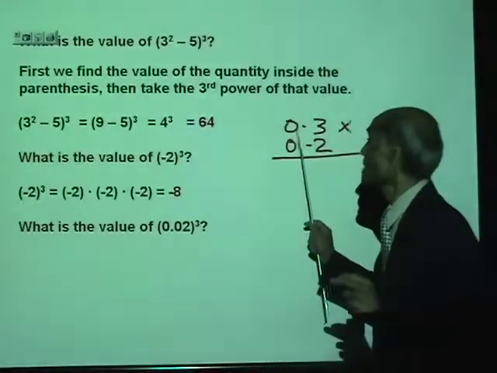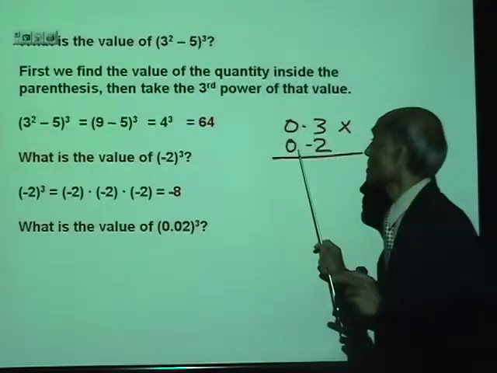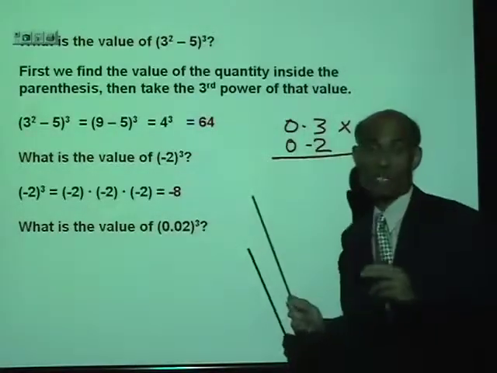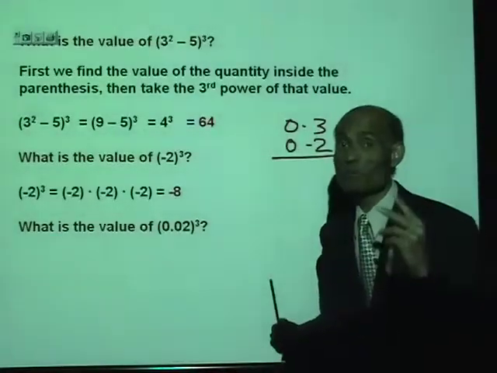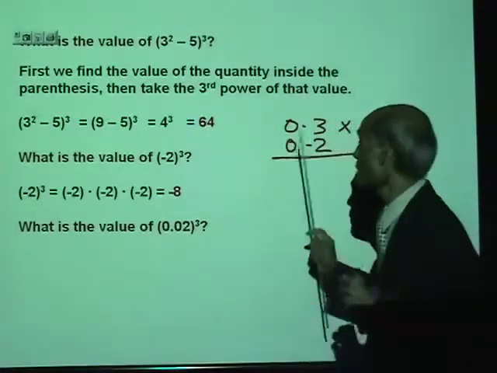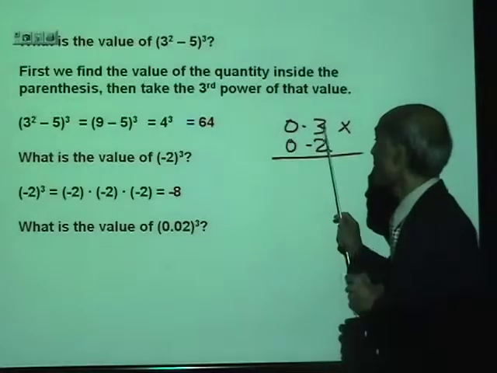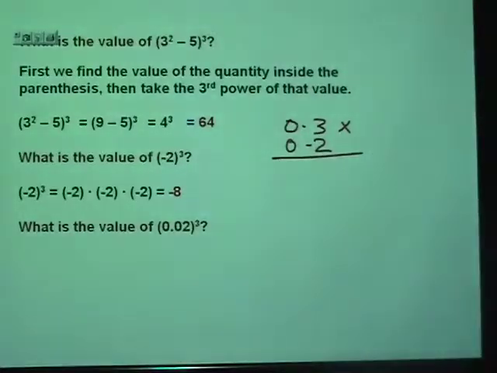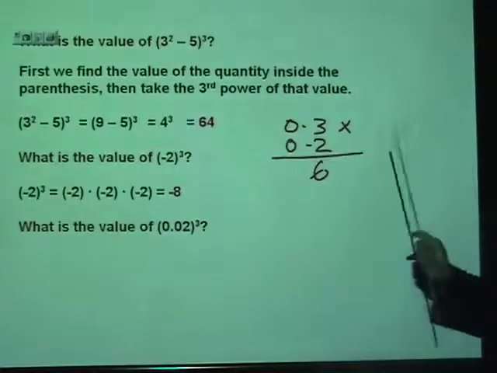So multiplying 0.3 by 0.2, the answer must contain how many decimal places? 2 decimal places. So all you need to do is simply multiply the numbers. 2 times 3 is 6. And now you need to write this using 2 decimal places. How will you do that?